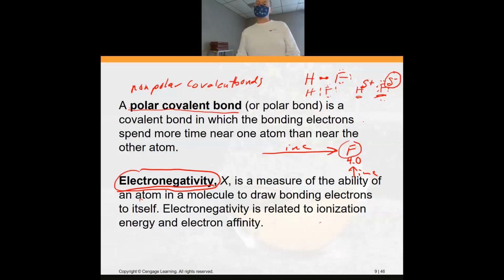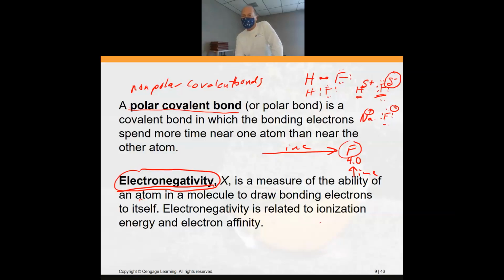This is not like NaF, which would look the same, except that is ionic because that's a metal and that's a nonmetal, and that would be a plus and a minus, not a partial. This delta means partial minus. It is still sharing. It's not equal sharing. The electrons are closer to the fluorine.